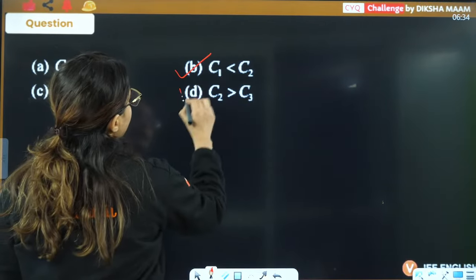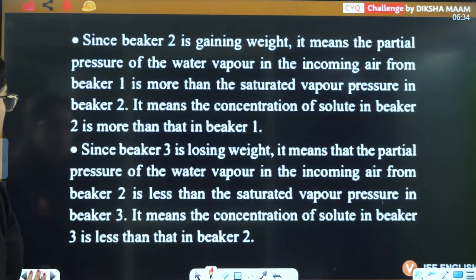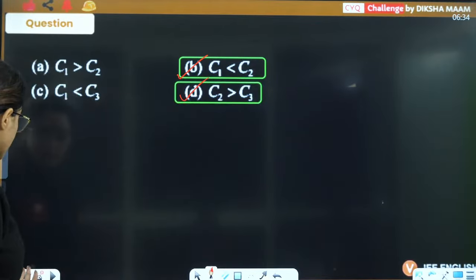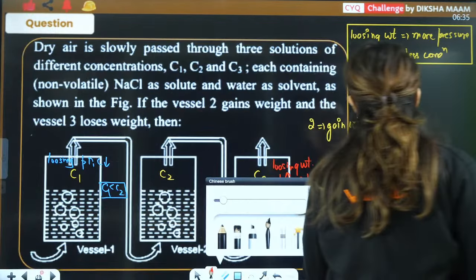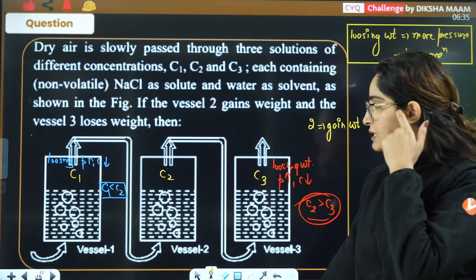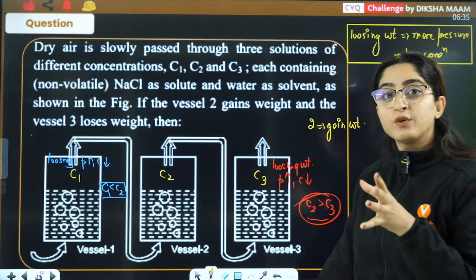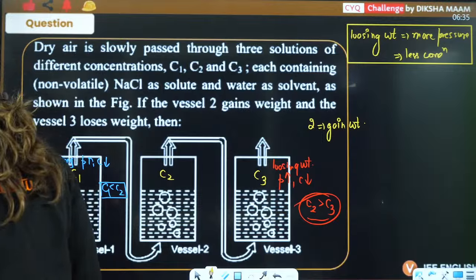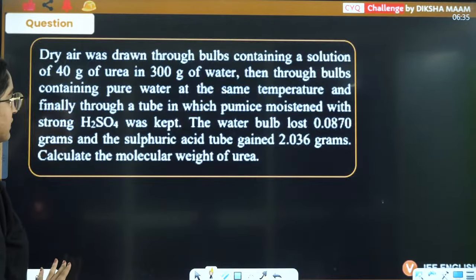So B and D are the correct answers here. Guys, tell me if that is clear to all of you or not. That was a different question, so that you can relate to this question and understand these things more deeply. Everybody, do let me know if that is clear, right?